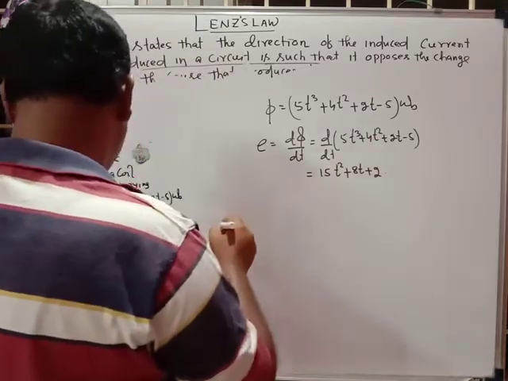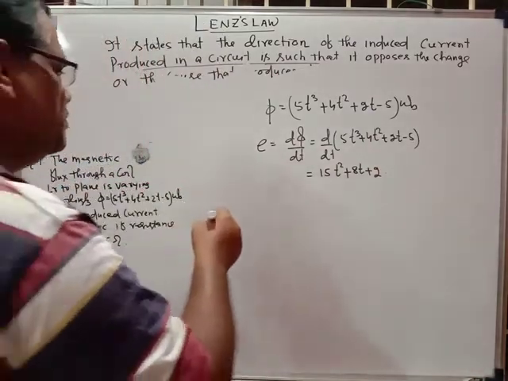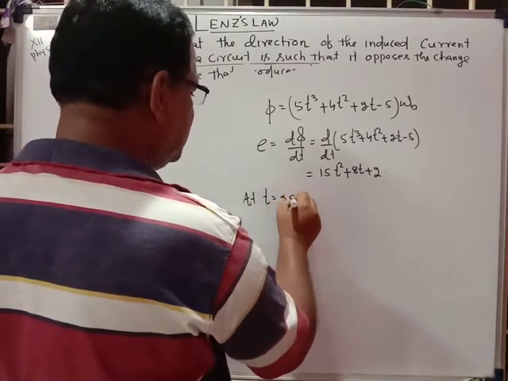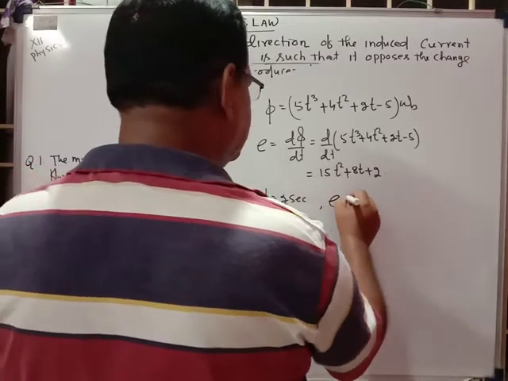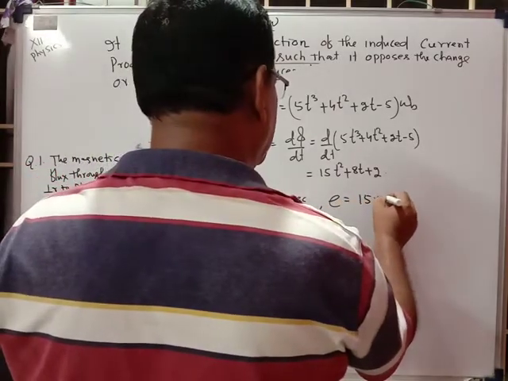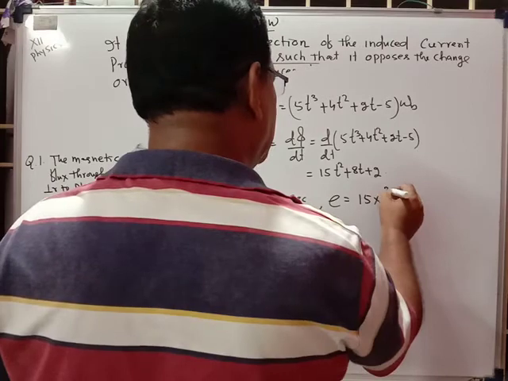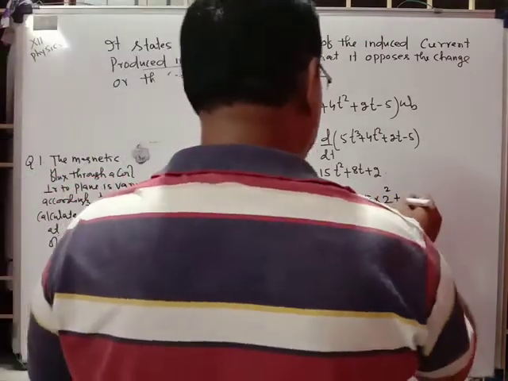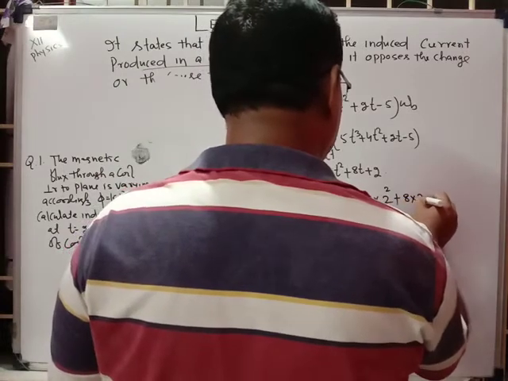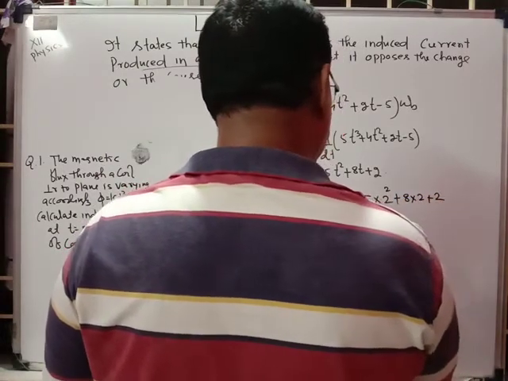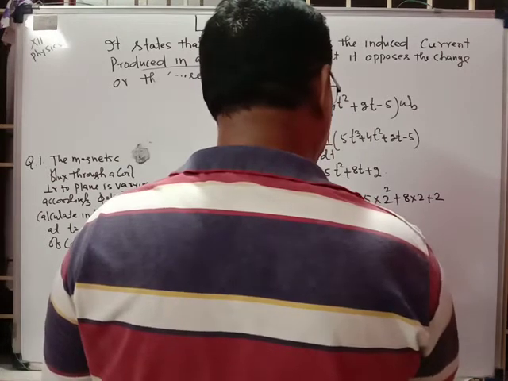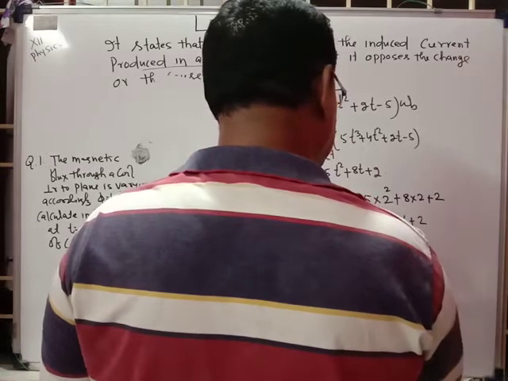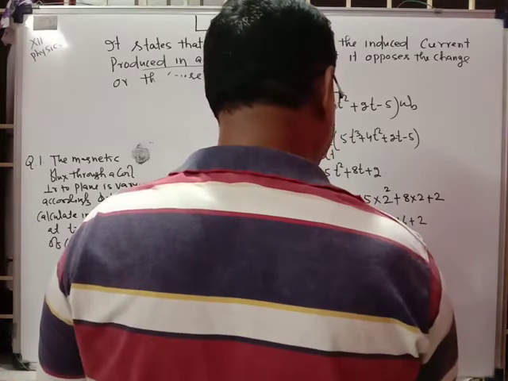So at t equal to 2 seconds, what will be the induced EMF? E becomes 15 into 2 square plus 8 into 2 plus 2, which is equal to 15 into 4 plus 16 plus 2, that is 78 volt.